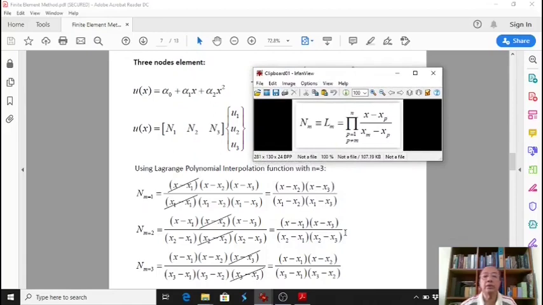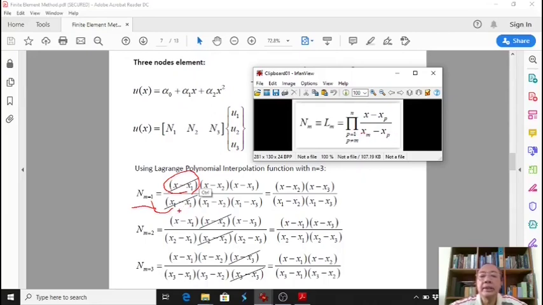Okay, so let's consider how to find n1 here. We use this formula, x minus x1, so now p equals 1, m is 1, so x1 minus x1.